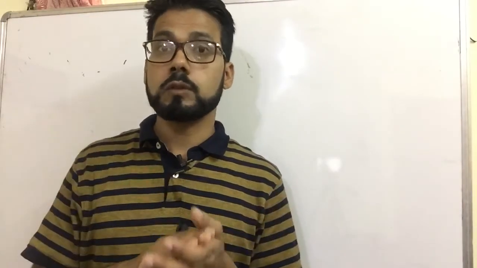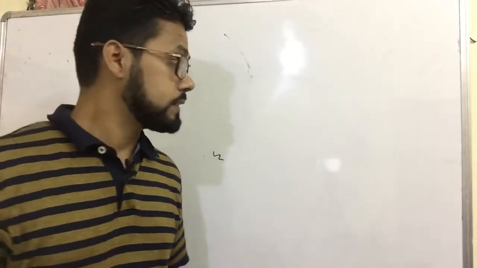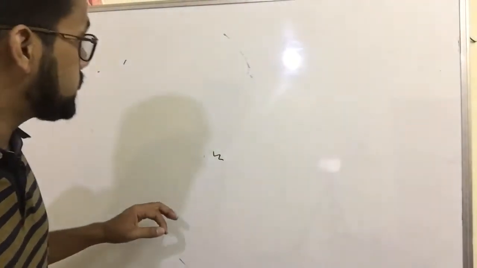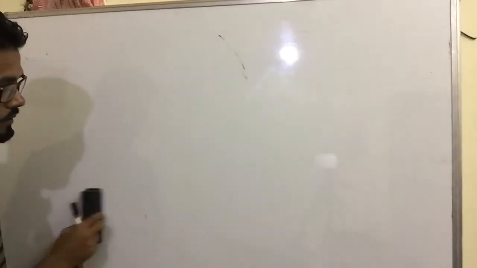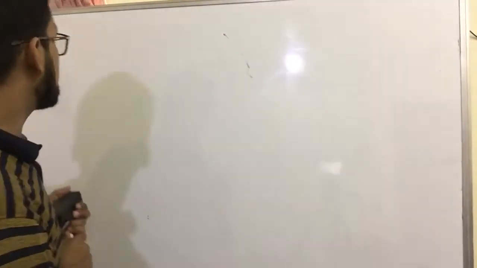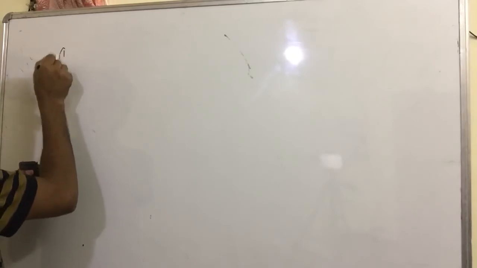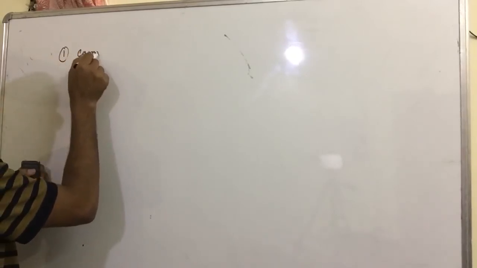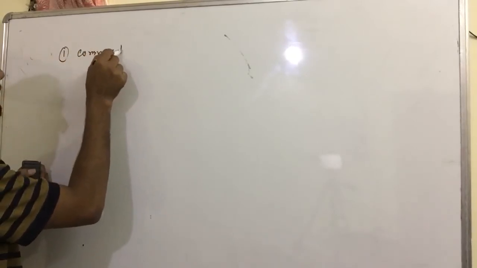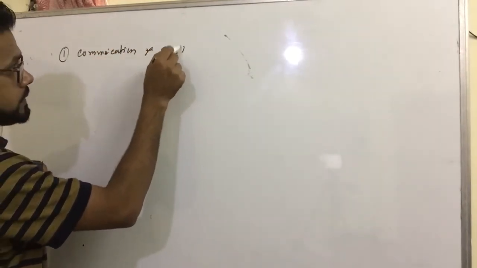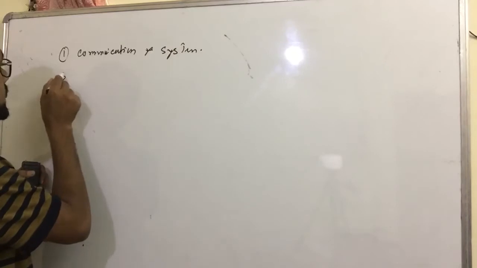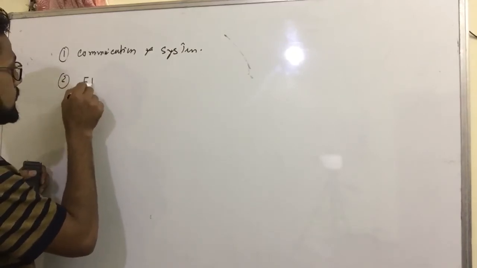That's what we are going to discuss. First of all, I am focusing on the communication system, so first you have to understand communication and system. Second is the electromagnetic spectrum.